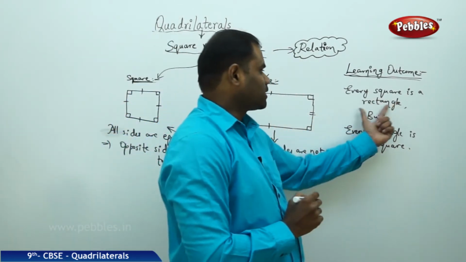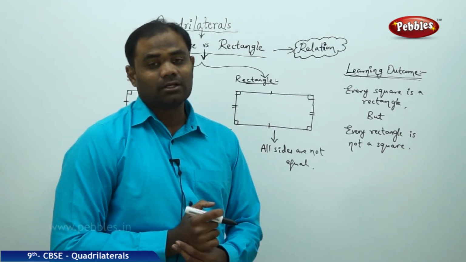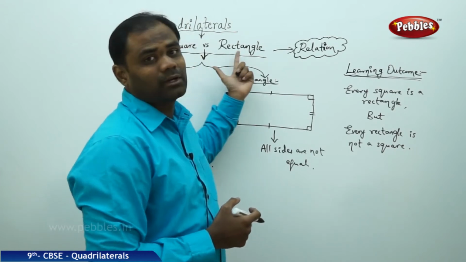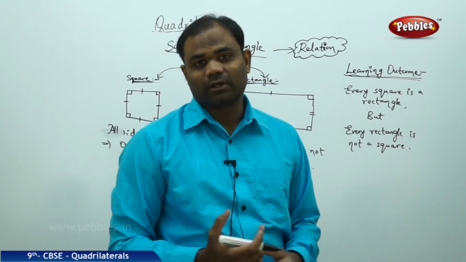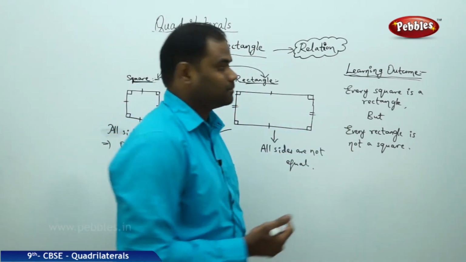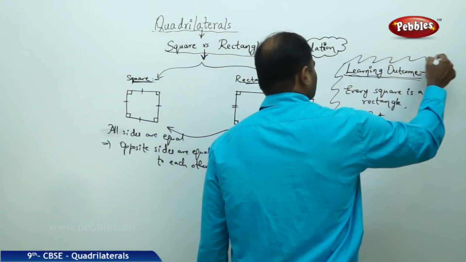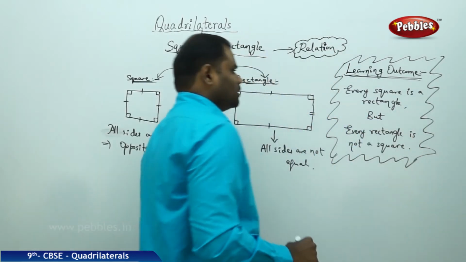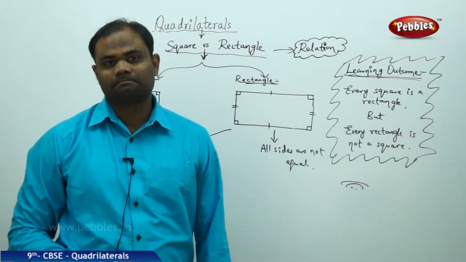Every square is a rectangle, but every rectangle is not a square, is the learning outcome, which makes me connect the understanding of a square and the understanding of a rectangle as special cases of a quadrilateral. Connecting square and rectangle is how I connect a square and a rectangle.